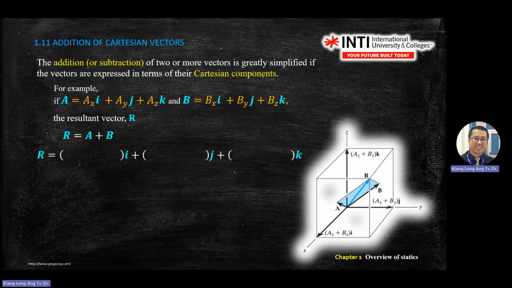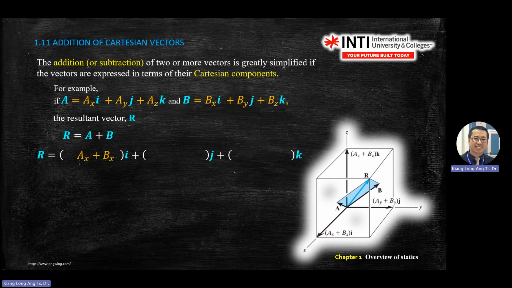Resultant equals, let's say you have two vectors, vector A plus vector B. Vector A has an ijk equation, B has an ijk equation. If you have vector R, this vector R is a combination of these two vectors. What should you write here in i? Should be AX plus BX.